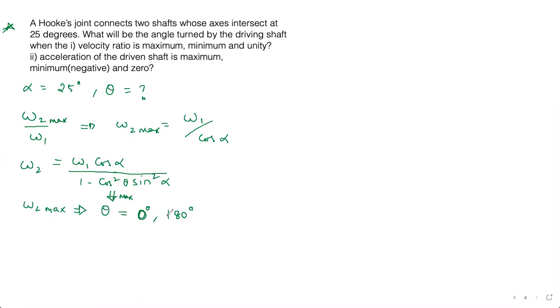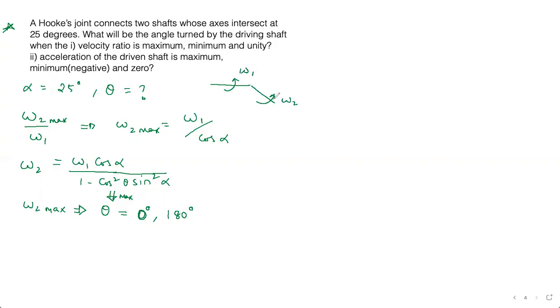This is the driving shaft, this is the driven shaft. So at 0 degrees of turn of the driving shaft, omega 2 is maximum, it means the beginning, and at 180 degrees also the driven shaft, omega 2, will be maximum. So omega 2 here, omega 1 here, right?